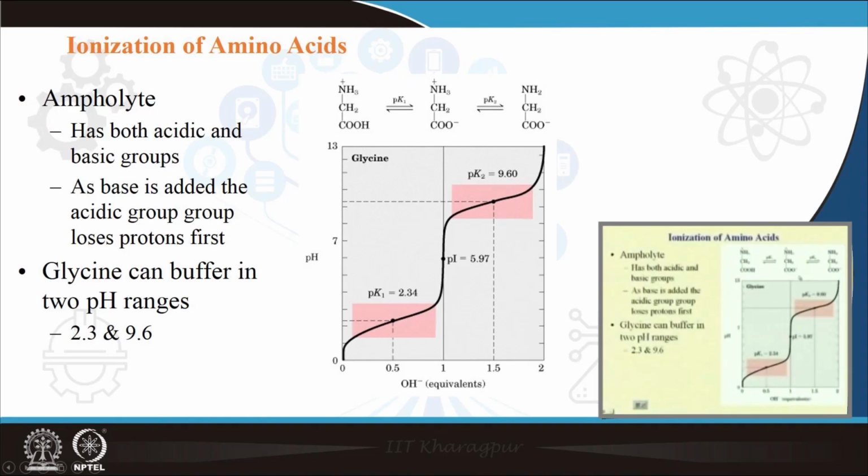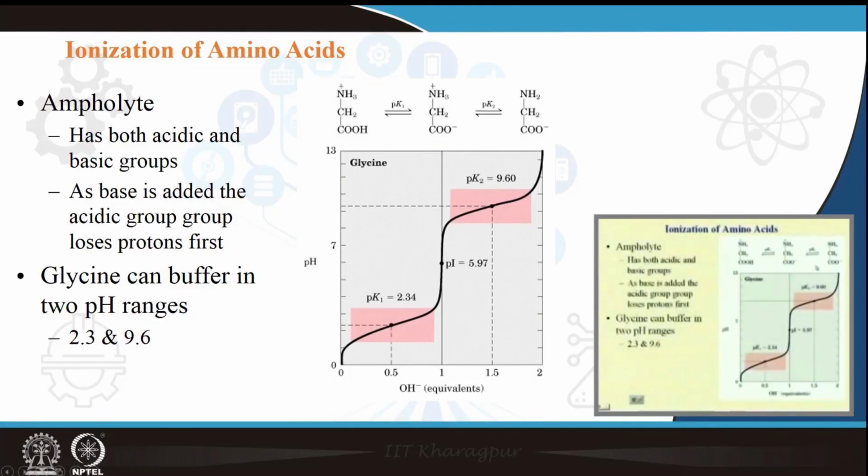At some point, I am going to lose the amine proton. The NH3 plus has to lose its proton when I cross its pK2. So I'm at pK1 where I have equal amounts. As I keep on adding OH minus now, I have more A minus than HA, right?